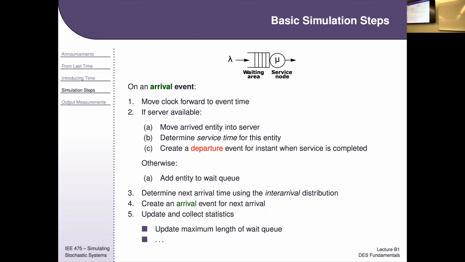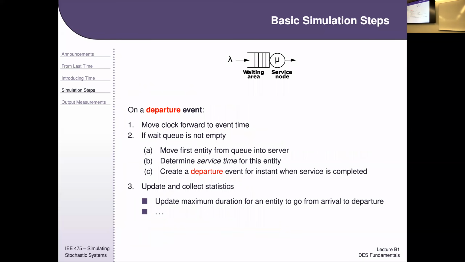So then you go to the event calendar and you look for the next event, which might be another arrival event. But in these systems, it'll probably be a departure event. So if you happen to hit a departure event, as with all events, you move the clock forward to that event time. If the wait queue is not empty, if someone's waiting, now the server is idle, and so you can move someone immediately into it.